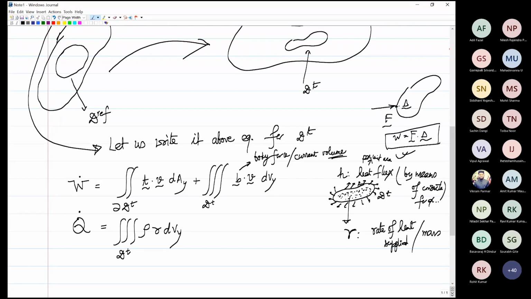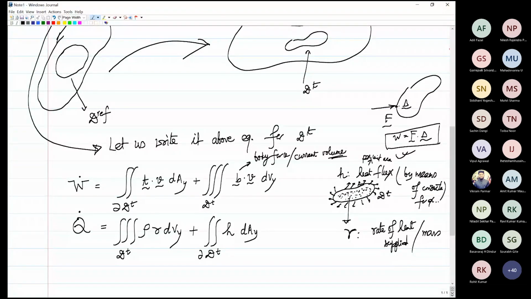Where r is the heat rate per unit mass, rate of heat supplied to the body per unit mass. Plus, over the surface del dt, we have H dA.